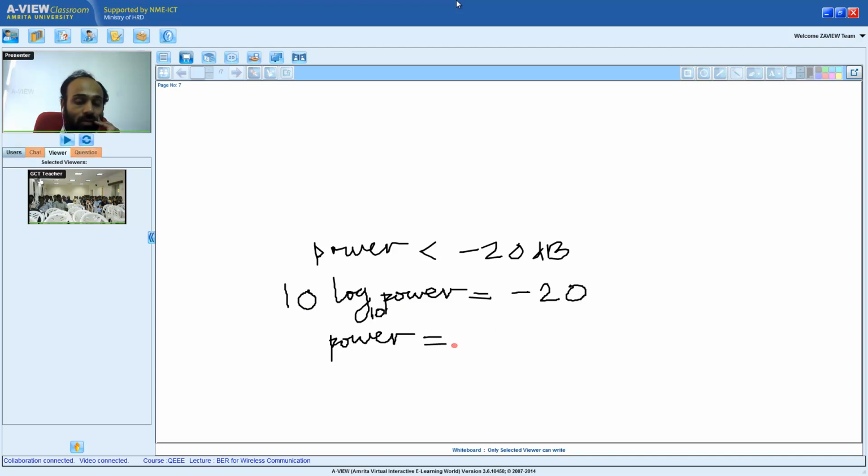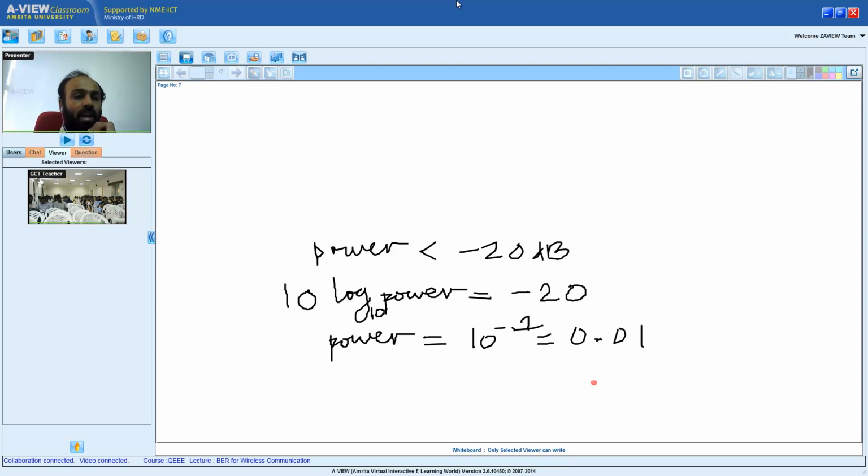So power is equal to 10 power minus 2, right? 10 power minus 2 is equal to 0.01.